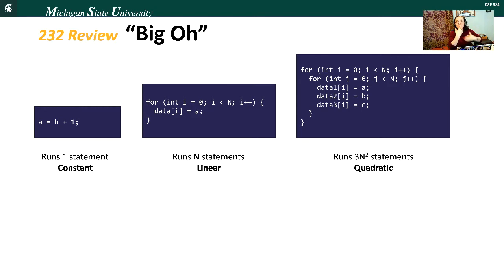So it grows linearly. For every input that you're processing, the array is loaded with data, right? And the nested loop is going to run in quadratic time, because for every one time the outer loop runs, the inside of your loop, the second loop, is going to run n times. So the inner loop runs n times, the outer loop is going to run n times. N times n is quadratic.